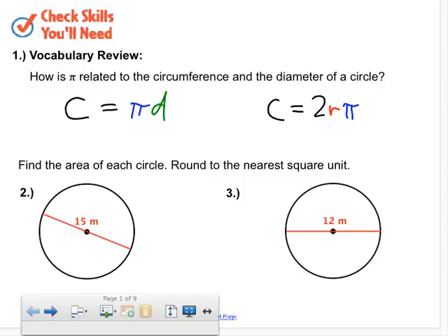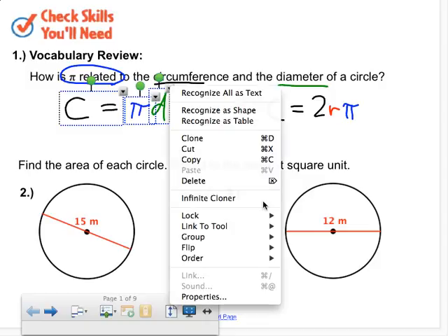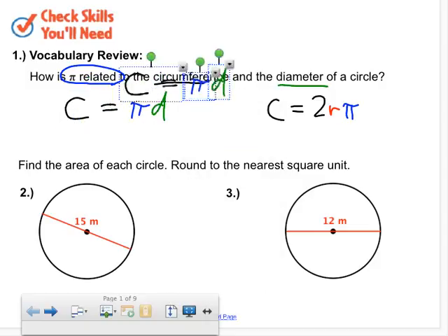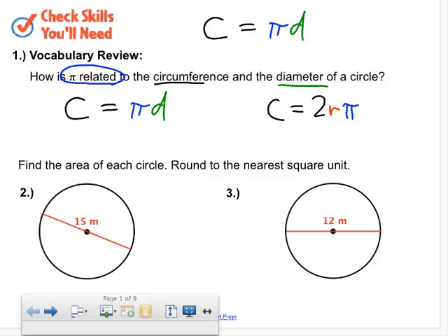Now, back to my question about what is pi. How is it related to circumference and diameter? How are they related? Well, let's take this equation and let's see if you guys remember, how do we solve for pi? How would I get pi by itself? You divide. I divide by what? 2.